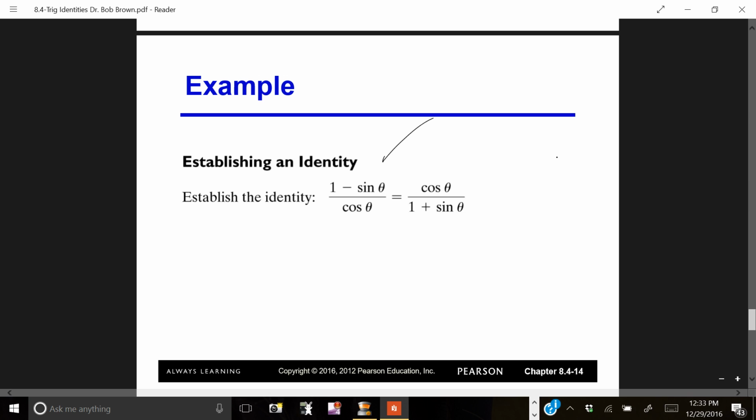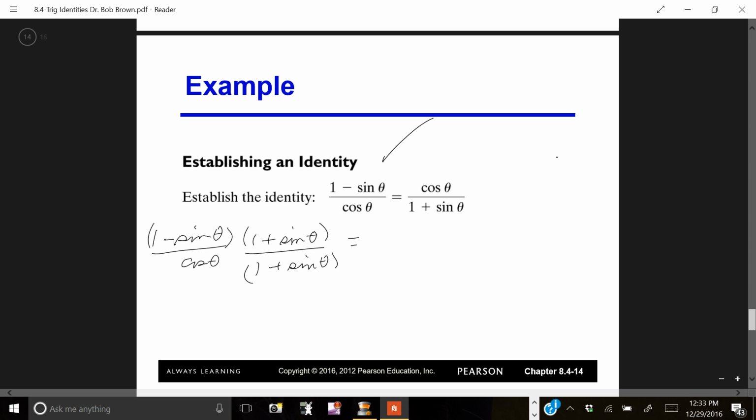So let's try this. 1 minus sine of theta over cosine of theta times 1 plus sine of theta over 1 plus sine of theta.